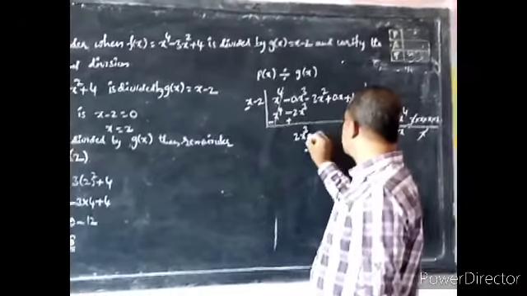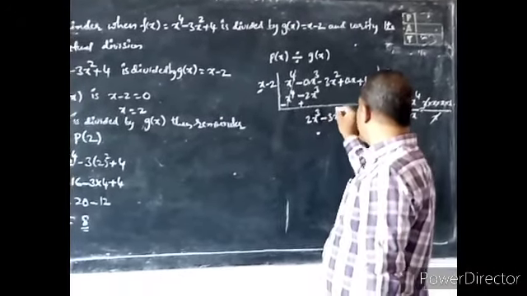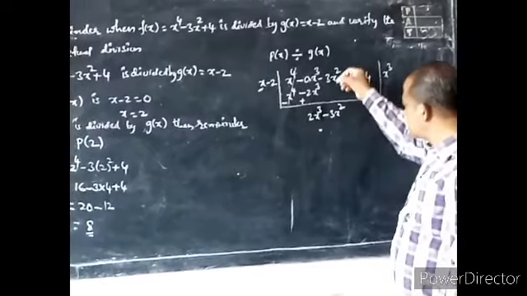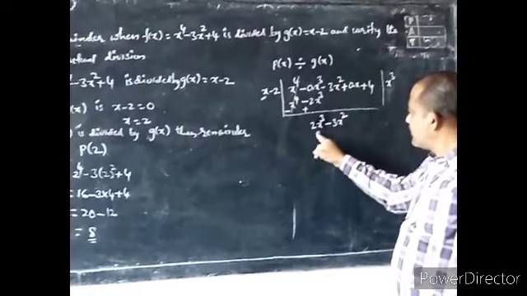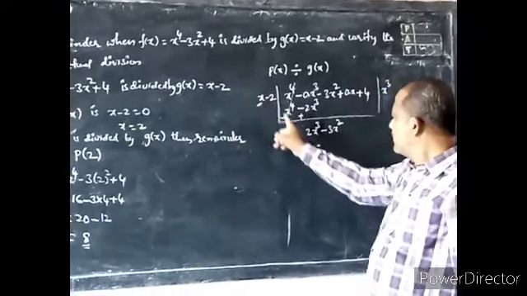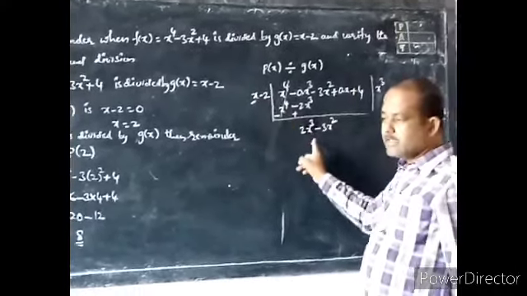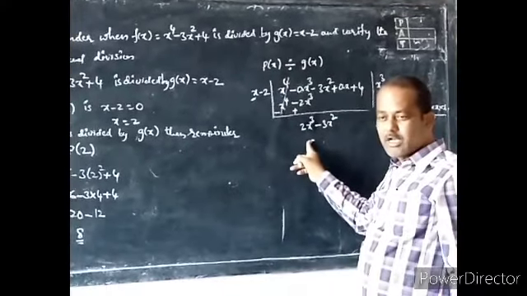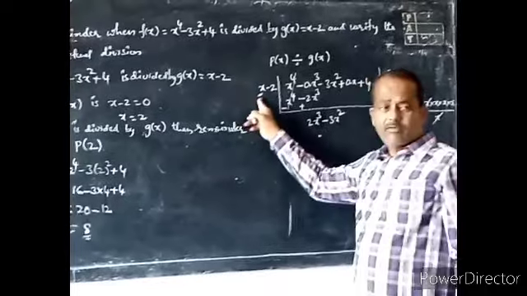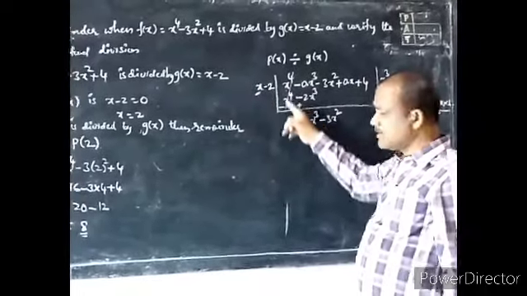Next term is minus 3x square. In general division also, the next digit is taken down. So here the next term is taken. Now the first term is 2x cube. Again, divide by the divisor x. Each and every term, you should divide the first term of the polynomial by the divisor's first term. When we are doing the division, the first term must be cancelled.